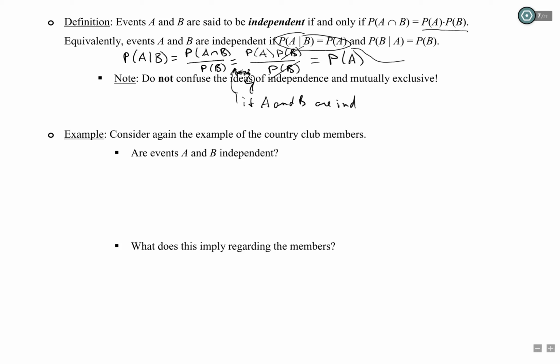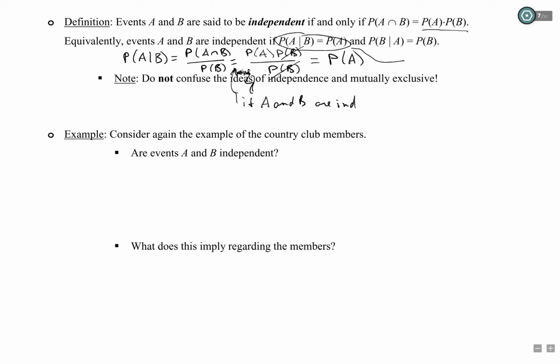All right, so in the baseball example, if the probability of Alex Rodriguez getting a hit is P of A and the probability of him getting a hit given there are men on base, if those two probabilities are the same, or those two batting averages are the same, then we would say that the events of men being on base and him getting a hit are independent of each other. Okay.